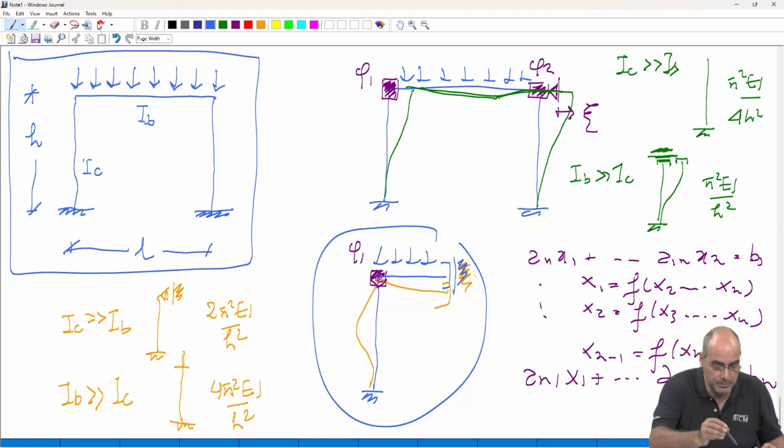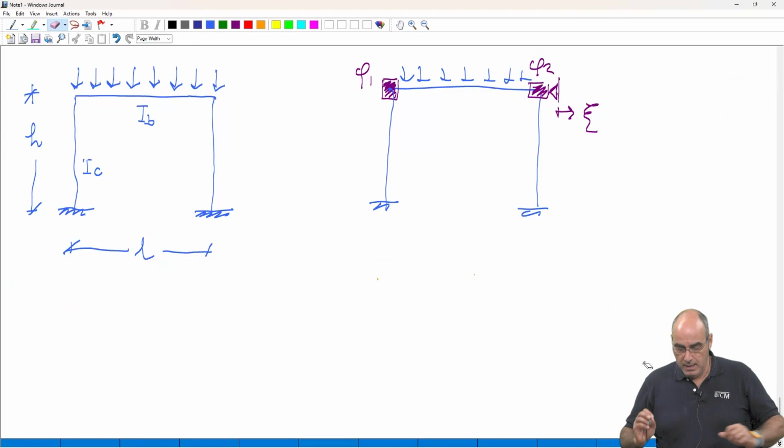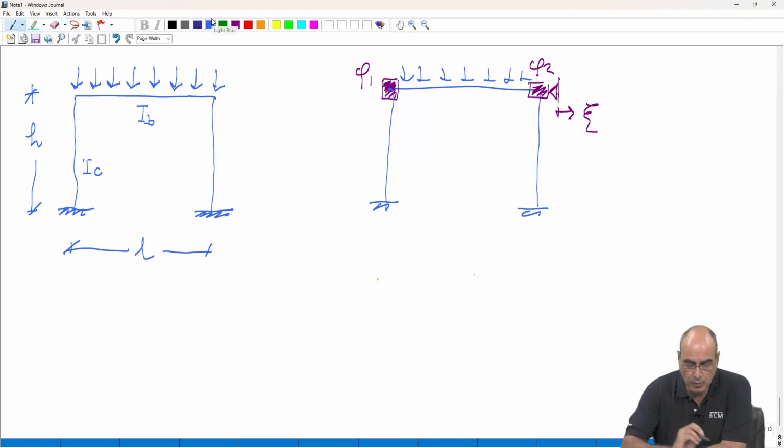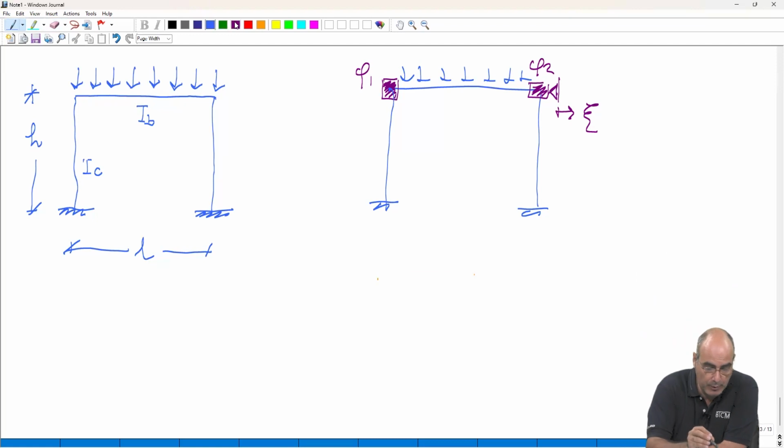So when we do have this kind of scheme, for example, what do we do?